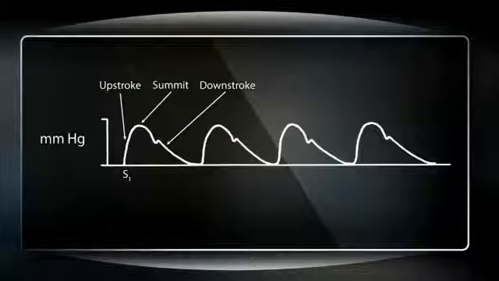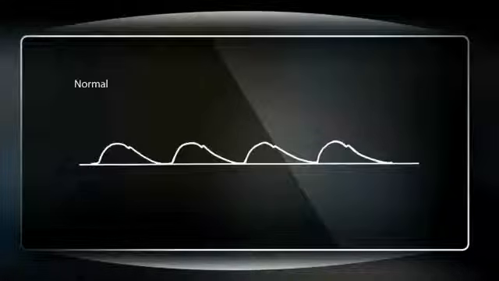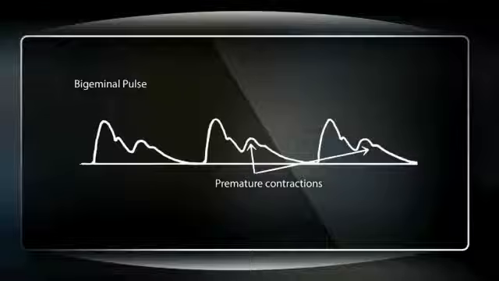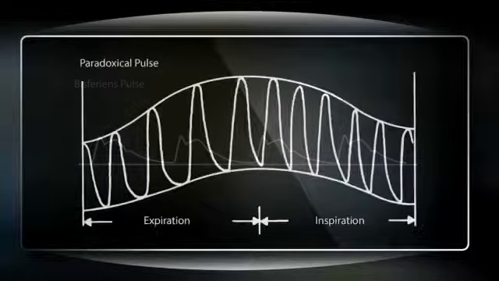The downstroke is less abrupt than the upstroke. The more familiar you are with normal readings, the easier it will be to detect abnormalities, such as a pulse that has a bounding upstroke, aortic insufficiency. These and other abnormalities of arterial pulse and pressure waves are important indicators of abnormalities of the aortic valve and cardiac function.